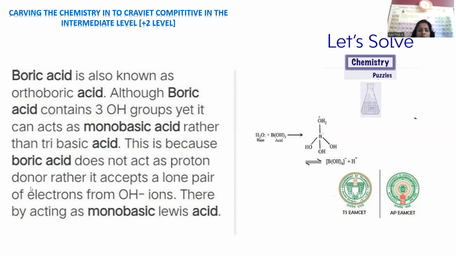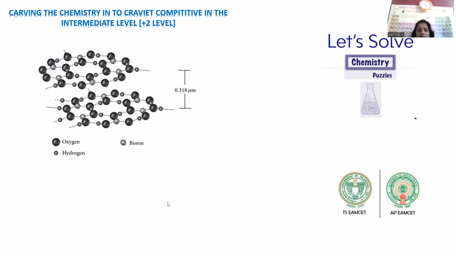That is because boric acid does not act as a proton donor. It is not releasing any protons. If protons are released, only then it is called monobasic, dibasic, tribasic, like that. Rather, boric acid is able to accept the lone pair of electrons from a water molecule, so we can say it is a monobasic Lewis acid.